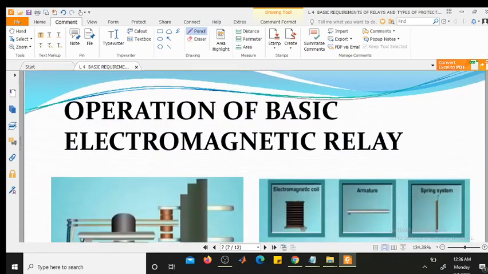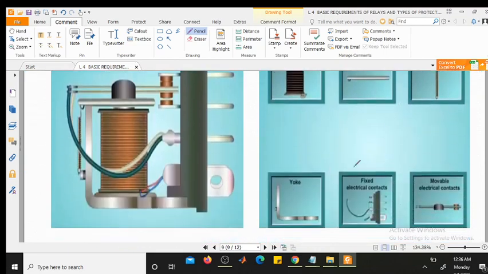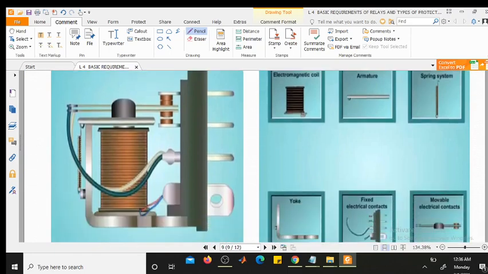Now I am explaining the operation using the same picture. This is an electromagnetic coil, this is an armature, this is the spring system, this is the yoke, these are the fixed electrical contacts, and this is the movable contact.